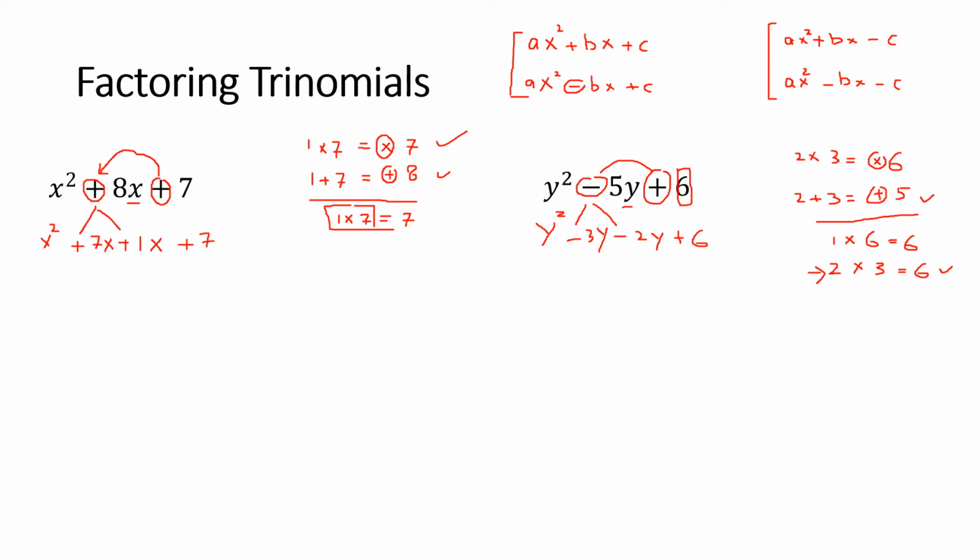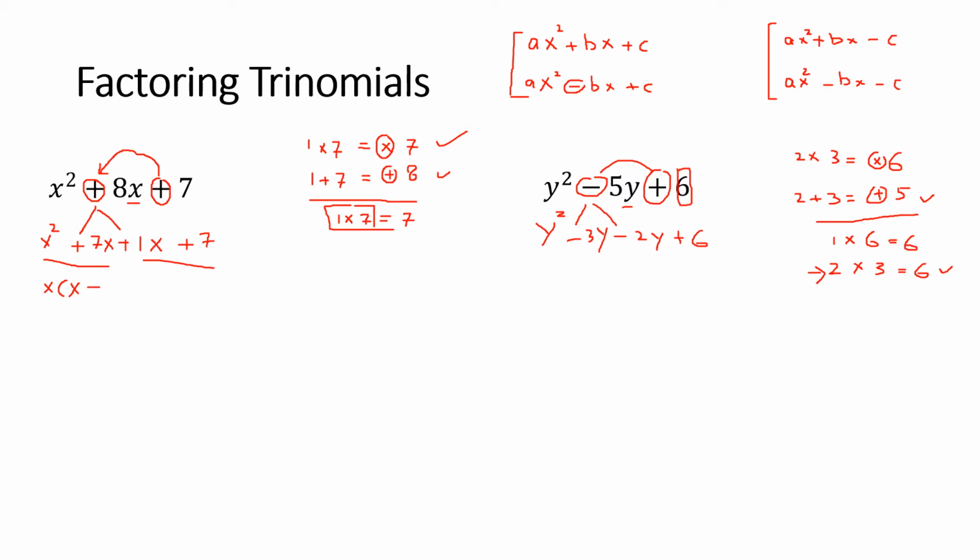Okay, now if we look at the first two terms and the last two terms, something can be factored out as common, which is x. So when we divide the first two terms by x, x will be left.